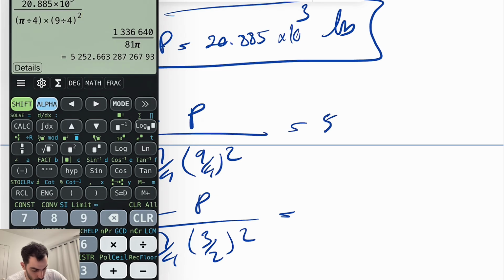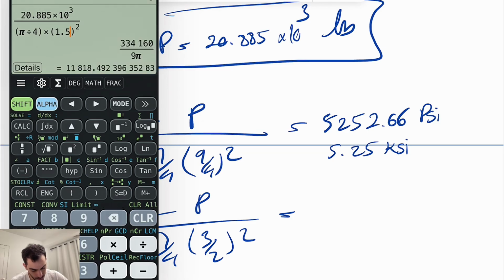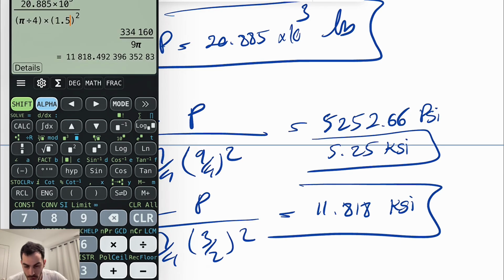That gives 5,025.66 pounds per inch squared, or PSI, or we can divide by 1,000 to get 5.025 KSI. For the other one, we just have 3 divided by 2, or 1.5, and it's going to be 11.818 KSI. Both of them are negative, as I mentioned. So that's the answer for part A.